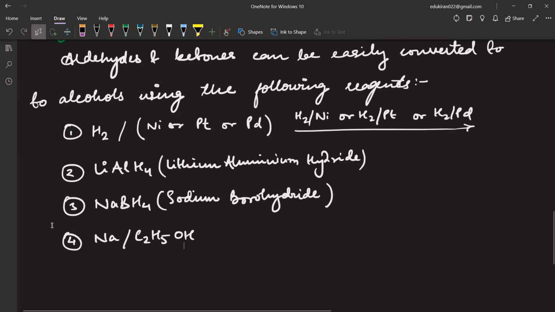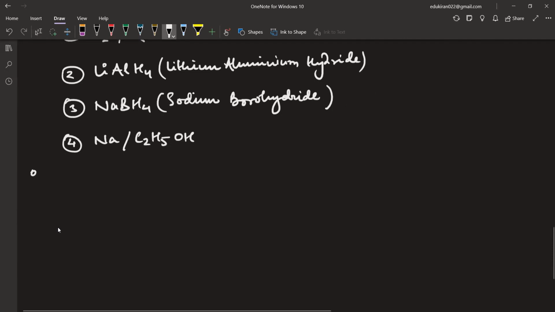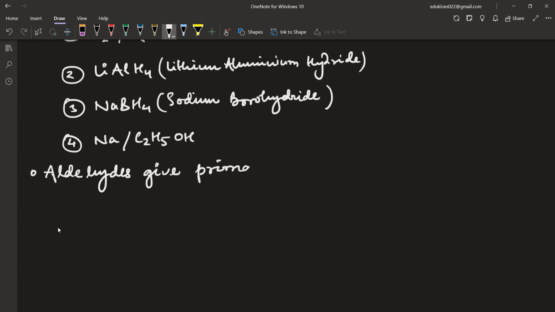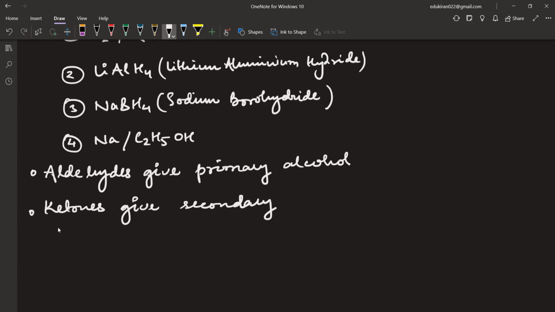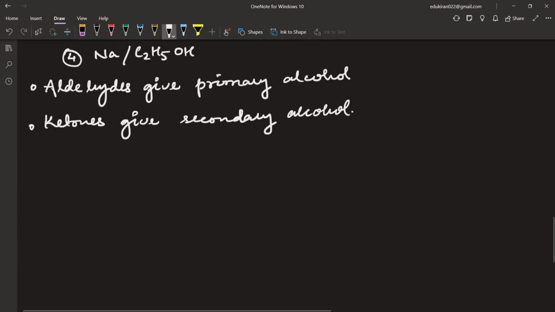The next point that you are going to write is aldehyde gives primary alcohol. Ketones give secondary alcohol. So please see how this is going to happen.